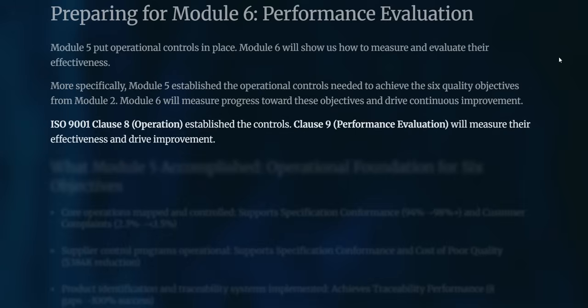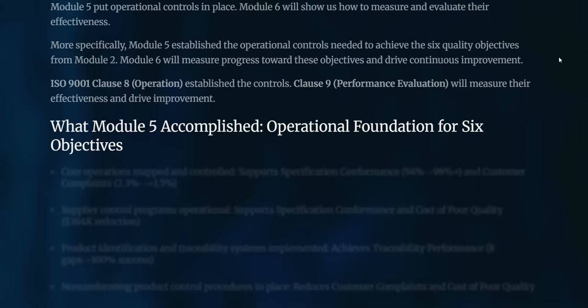So ISO 9001 Clause 8 operations established today the controls. Clause 9, the next module, will establish the performance evaluation and will measure the effectiveness of today's operations and drive the improvement. So, what Module 5 has accomplished: operational foundations for 6 objectives.